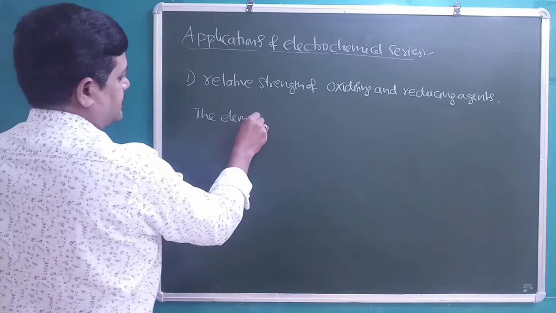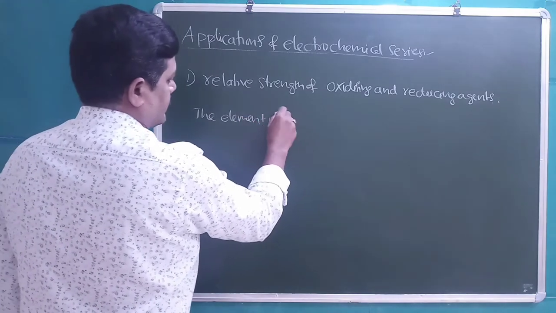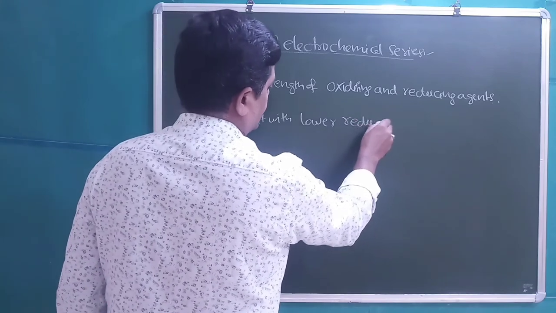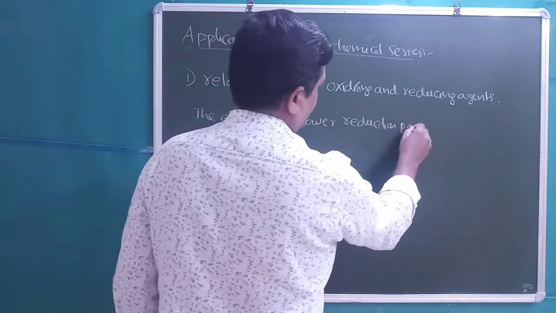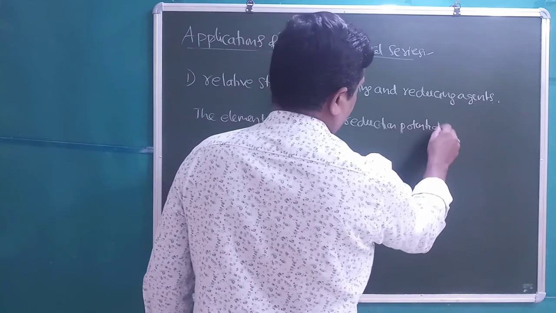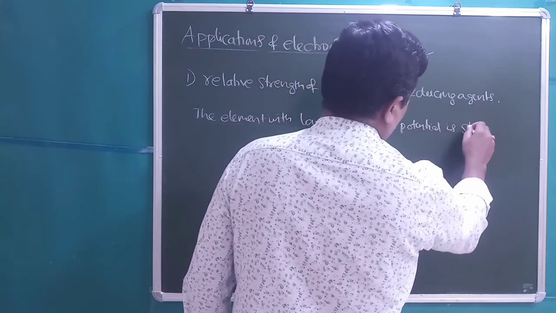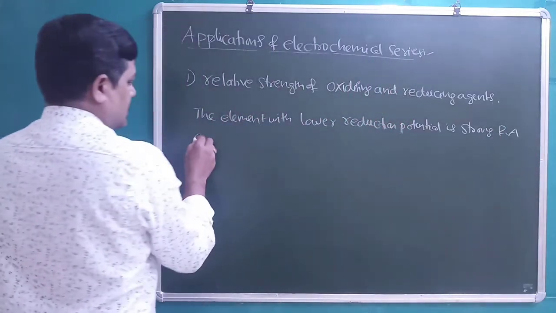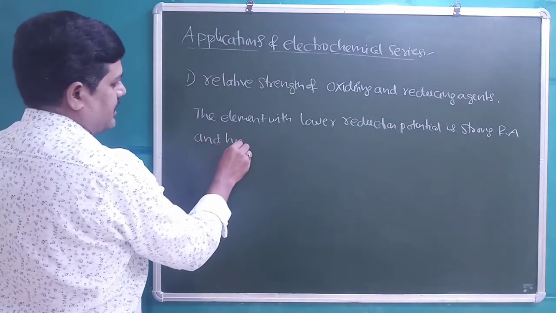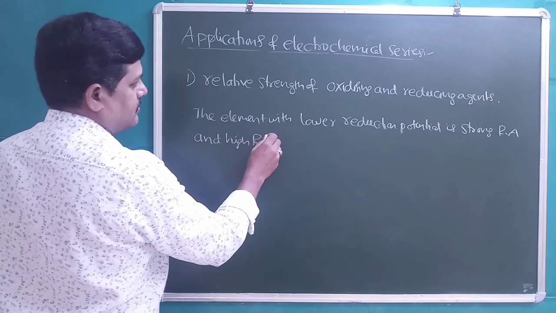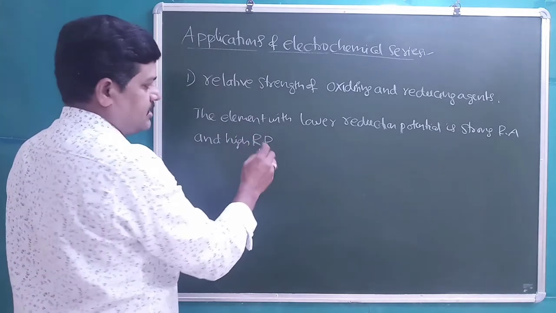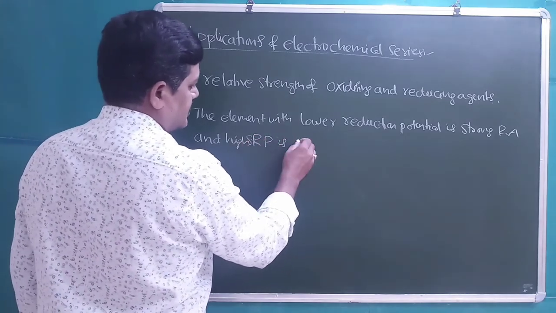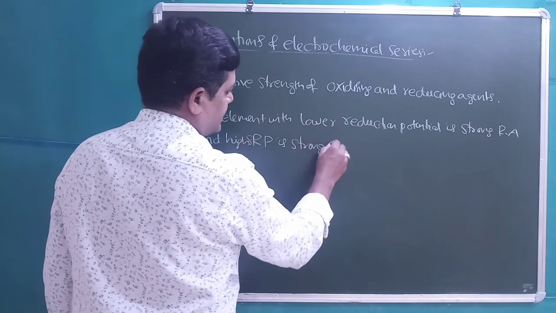The element with lower reduction potential is a strong reducing agent, and high standard reduction potential, SRP, is a strong oxidizing agent.